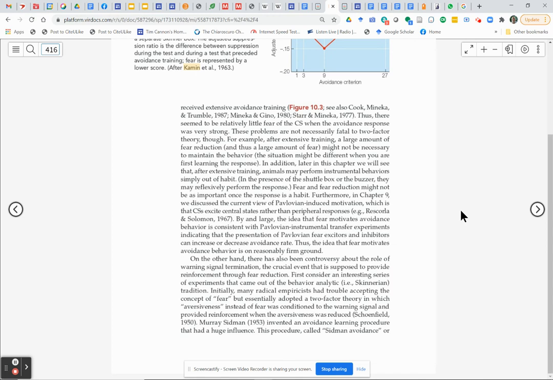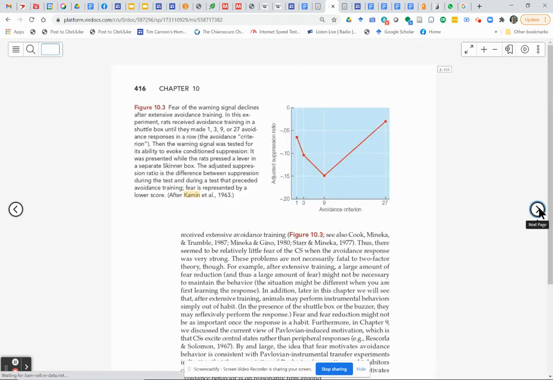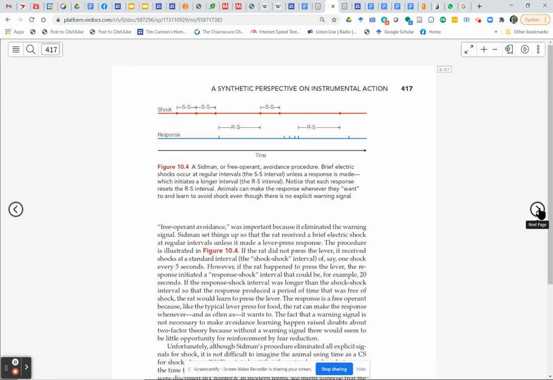The Sidman avoidance, like the Morris water maze, like the Kamin blocking effect, I liked the human name associated with it, and the book breaks it down here. Sidman avoidance, and here's a nice figure, and you should be able to define these concepts.